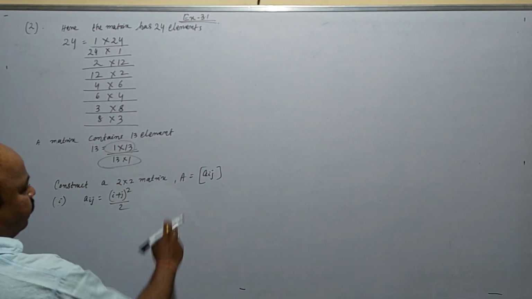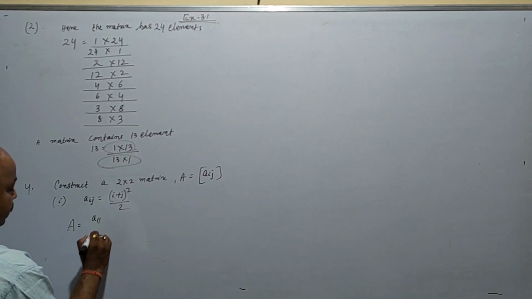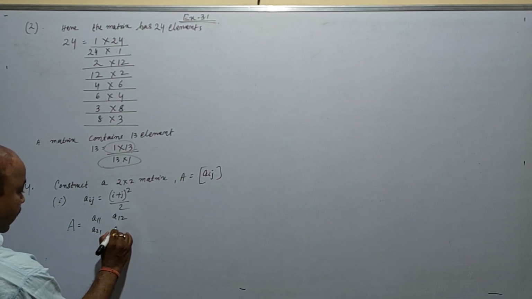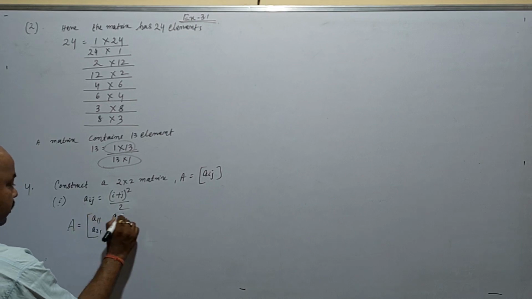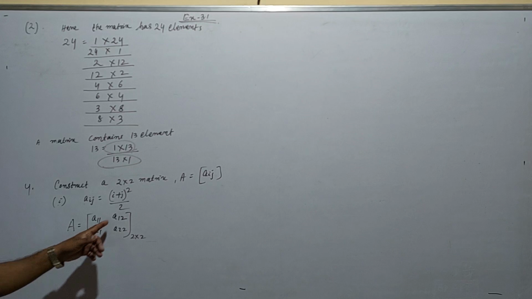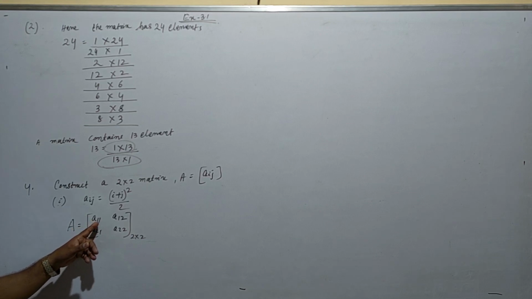Construct a 2 by 2 matrix. So first we construct a 2 by 2 matrix. The possible elements are A11, A12, A21, and A22. The element A11 stands in first row and first column, so here i is equal to 1 and j is equal to 1.